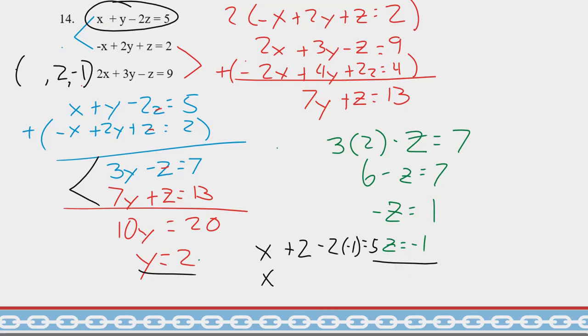So x plus 2 plus 2 equals 5. So x plus 4 equals 5. If I subtract that 4 away, I get x equals 1. So that was a lot of work.